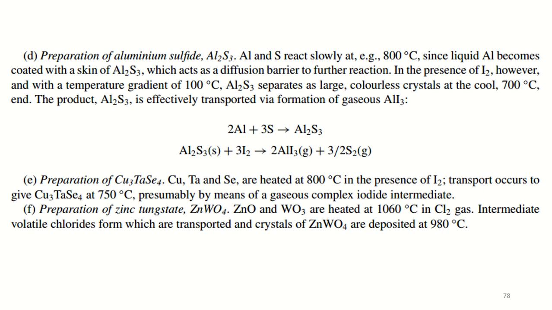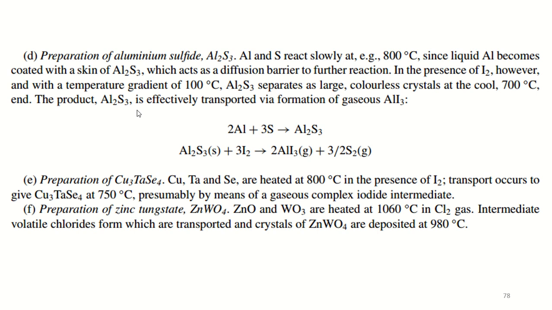In reality, the gaseous phase is often important in normal solid state reactions under isothermal conditions, where it may act as a rapid means of transporting matter from one region of the reaction mixture to another.